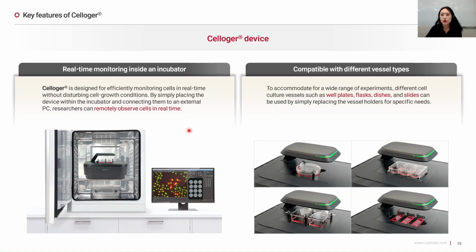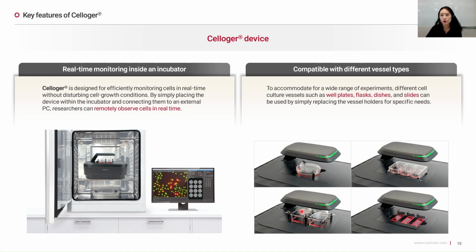One of the great features of the Celloger series is that you can place it inside an incubator while still being able to monitor cells in real time from an external PC or laptop. This setup lets you run experiments while ensuring that cells remain in a stable culture environment, free from any external interference, leading to more accurate and reliable results.